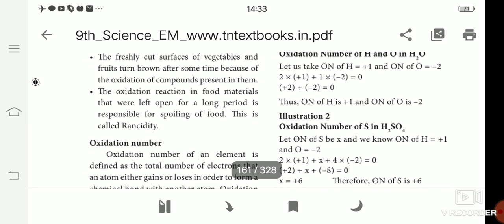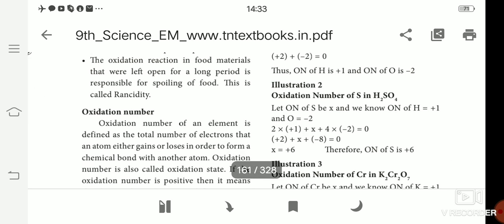The second example is H2SO4, which means sulfuric acid. The oxidation number of hydrogen is plus 1, and oxygen is minus 2. Then you find the oxidation number of sulfur.